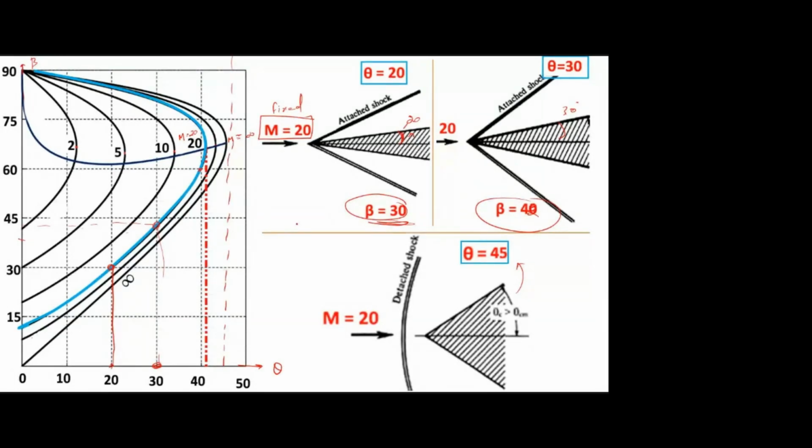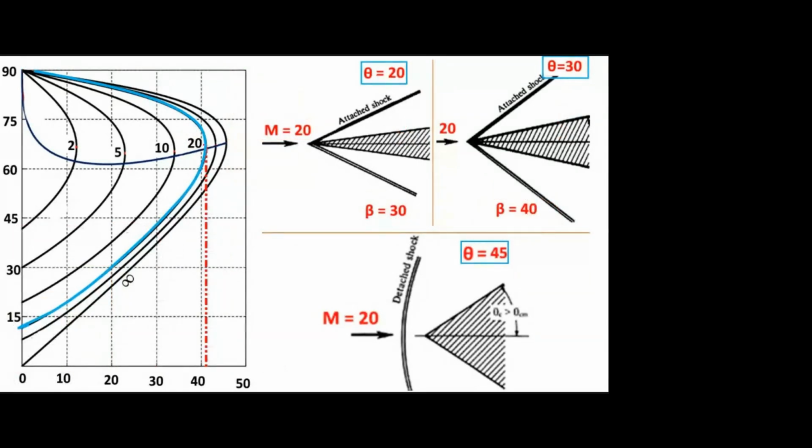Now what is the beta value? For 20 it is 30, for 30 it is 42 something, for 40 it is 60, and now for 45, what is the beta value? There is no value.